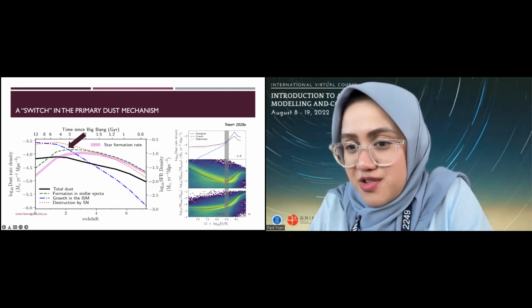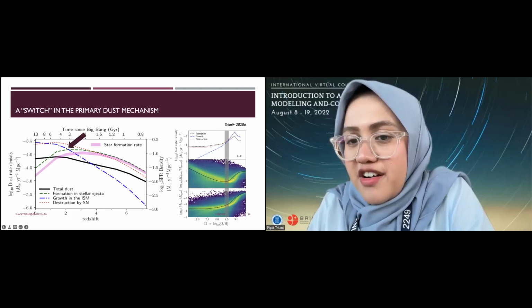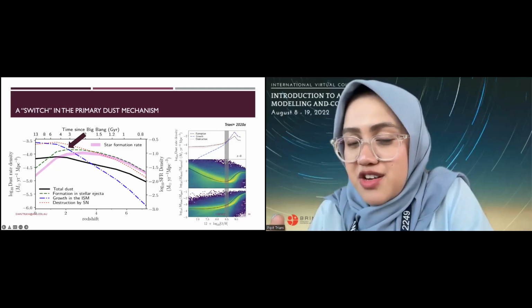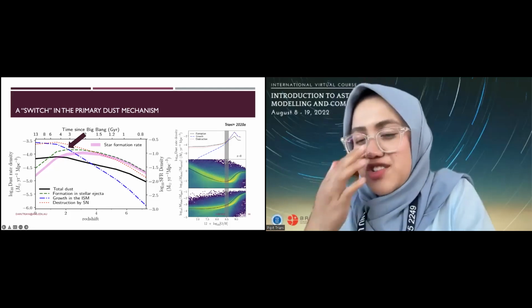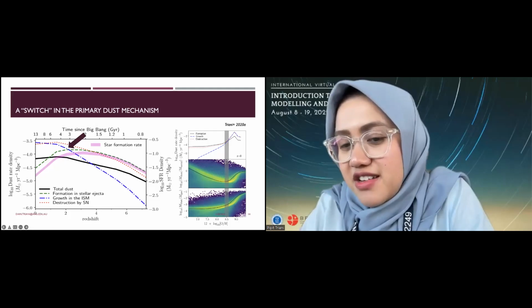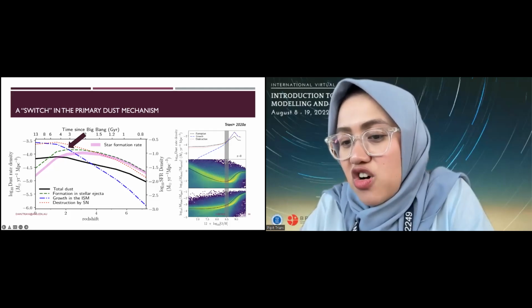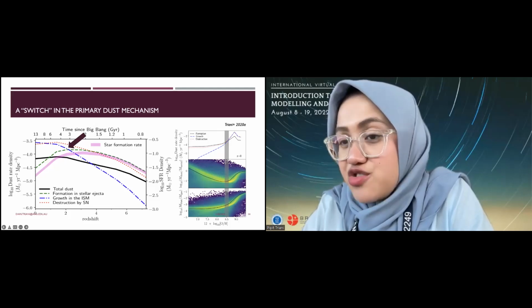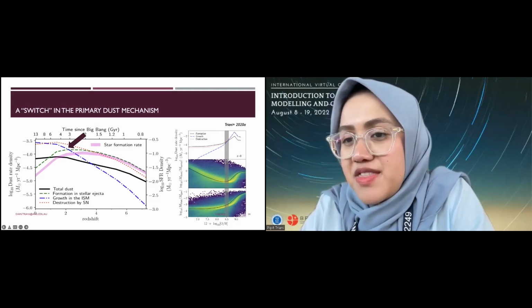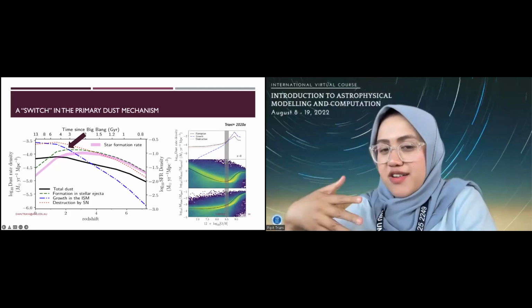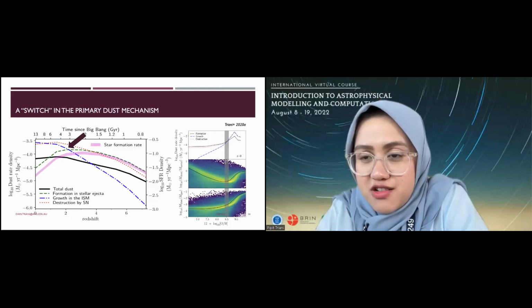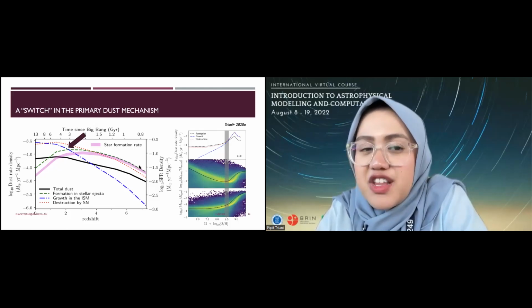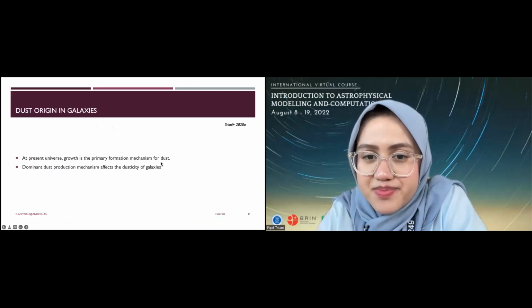And we see a critical switch here where the growth by accreting metals supersedes the stellar formation of dust. And we see that in the dust-to-metal ratio, it causes this change from a decreasing relation to an increasing relation. But this is in one redshift. If we can observe this in different redshifts, then we can confirm what the model said about the switch in the primary dust mechanism.